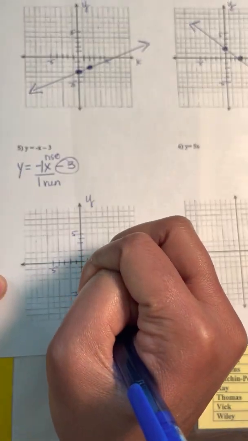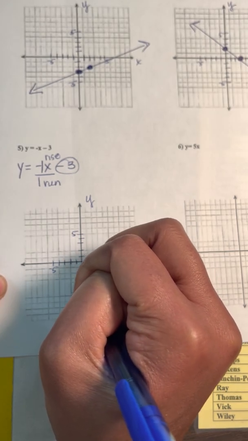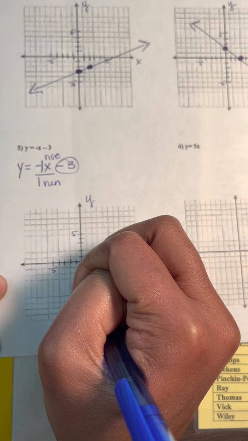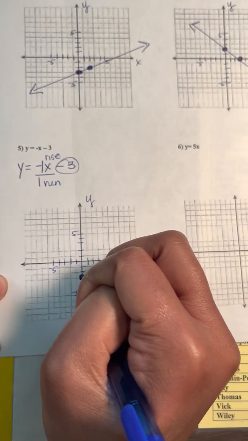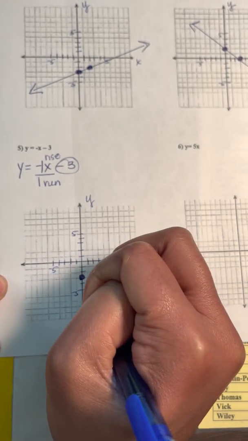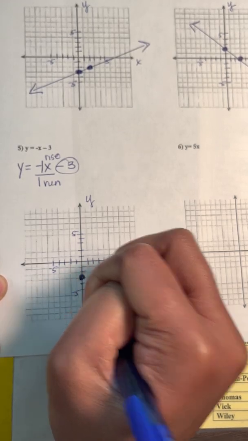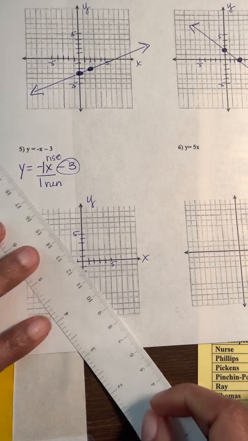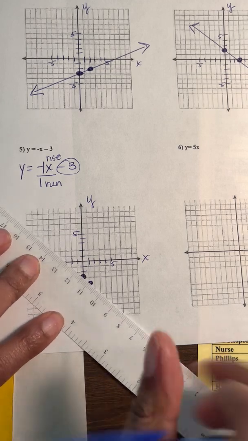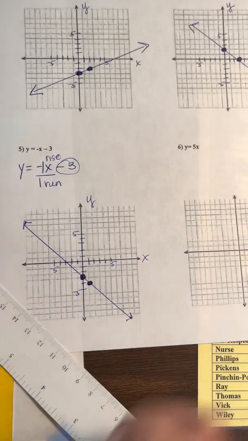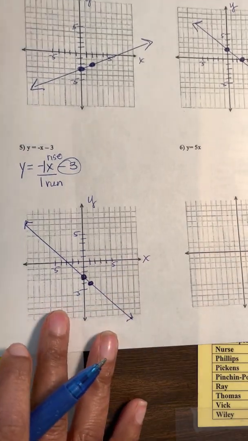You're going to go down to the negative 3 here. Instead of rising up on that negative 1, I'm going to fall down 1 and over 1, right here. Down 1, over 1. And I made sure I had some graph paper for you, so that you can graph with me, okay?